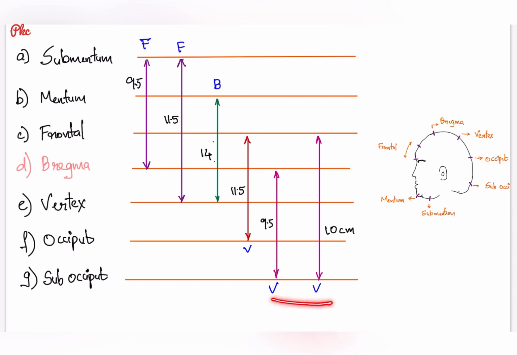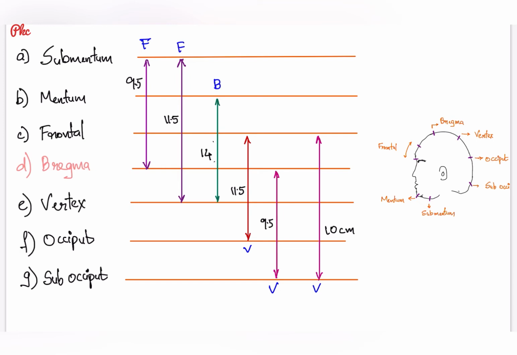Again there are 2 diameters taking origin from subocciput. Firstly, suboccipitofrontal, then suboccipitobregmatic. So 2 from the submentum, 2 from the subocciput.